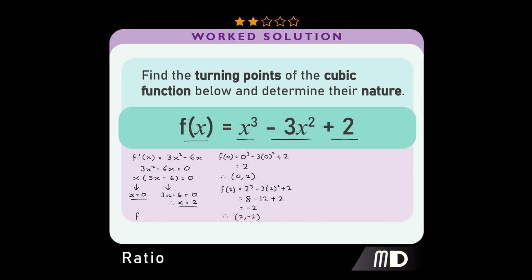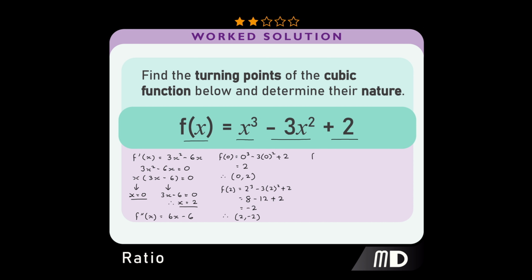So f double dash x is equal to 6x minus 6. To find the type of turning point, we need to substitute the x coordinate of each turning point into the second derivative.